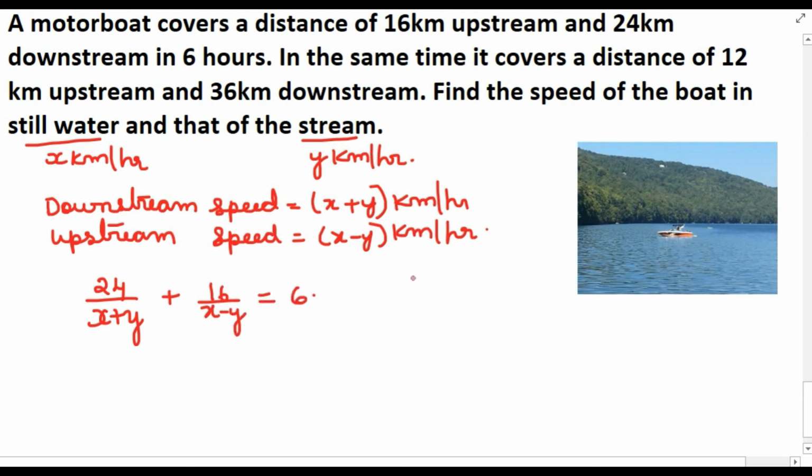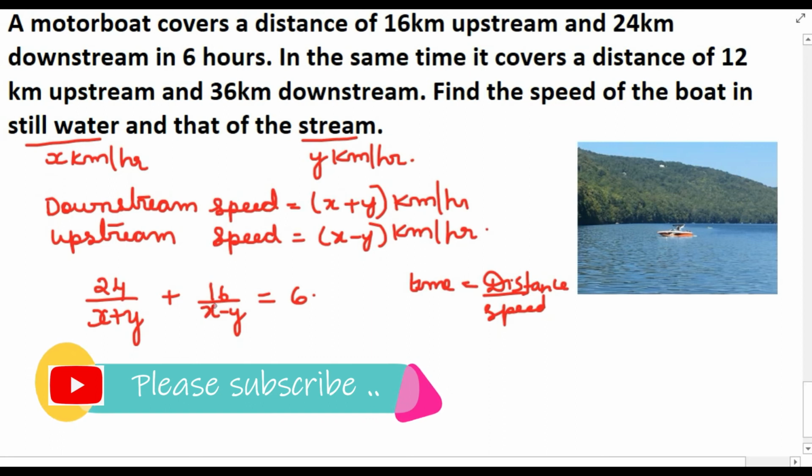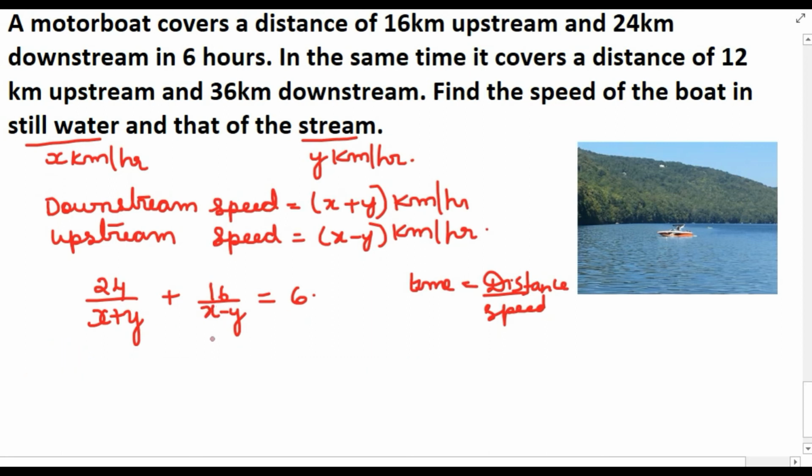We know time taken formula is distance by speed. The 24 kilometers downstream it has gone with the speed x plus y. So time taken to go downstream is 24 divided by x plus y and time taken in the upstream is 16 divided by x minus y. So total time taken is 6 hours.